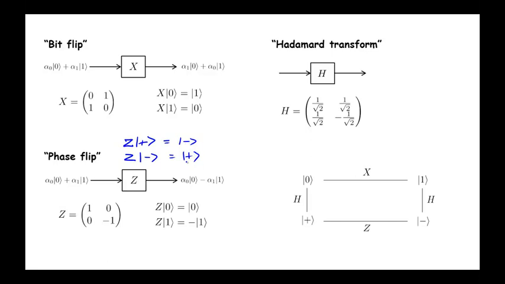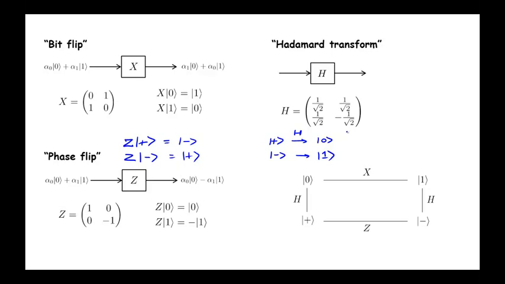Okay, so how do we create a gate that transforms plus to minus and minus to plus, which swaps plus and minus? Well, if we are not given Z, we can first start by transforming plus to 0 and minus to 1. We can do that by applying a Hadamard gate. Now that we've done a Hadamard gate, we can of course apply an X gate and swap 0 with 1 and 1 with 0.